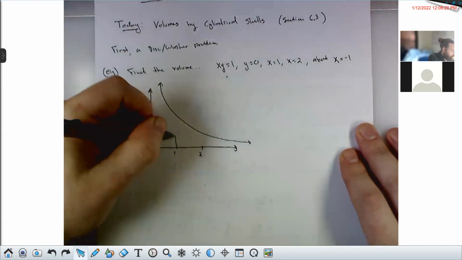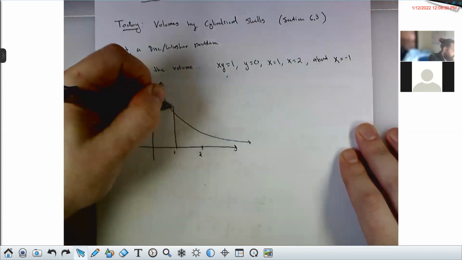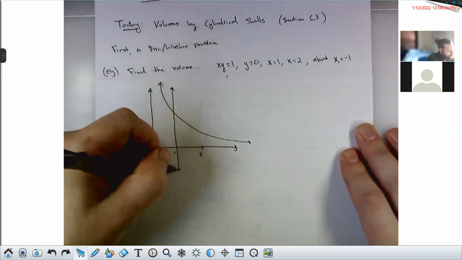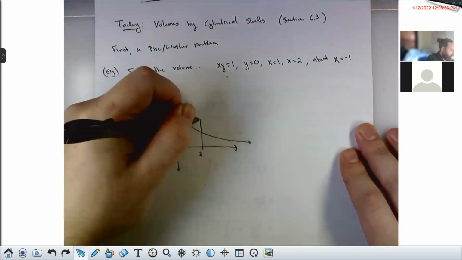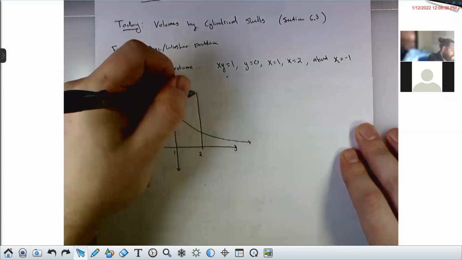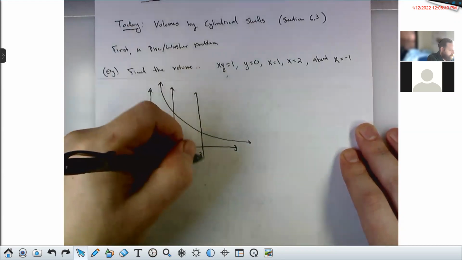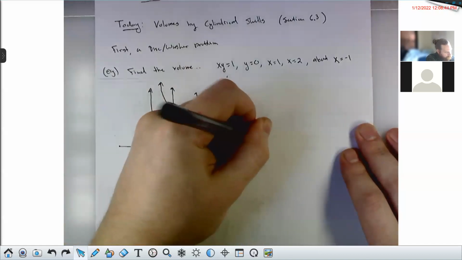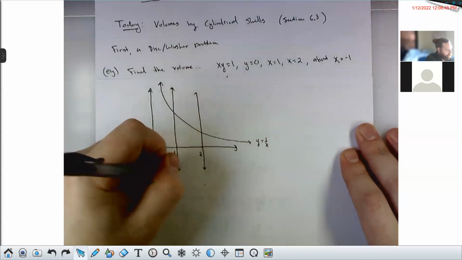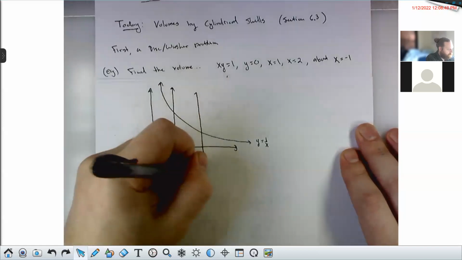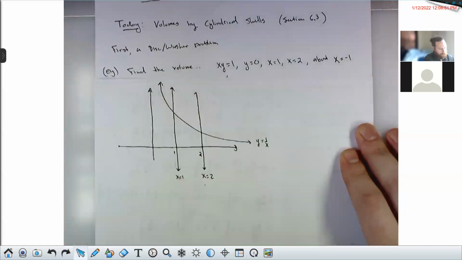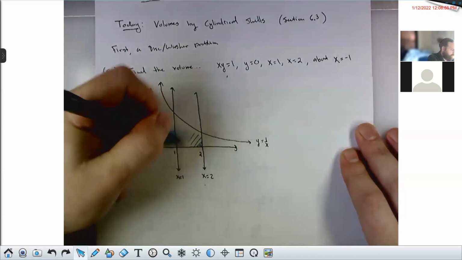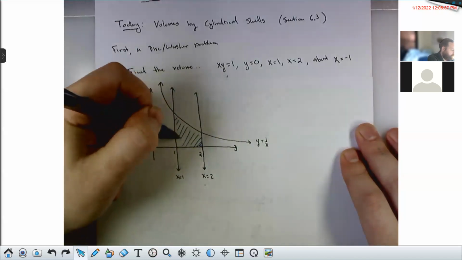So here are those two other boundary curves, x = 1 and x = 2. These are vertical lines. This is the curve y = 1/x, this is the line x = 1, this is the line x = 2, which means my region is still this region.